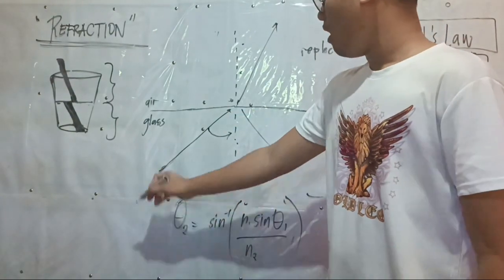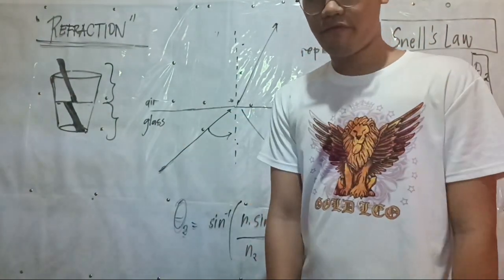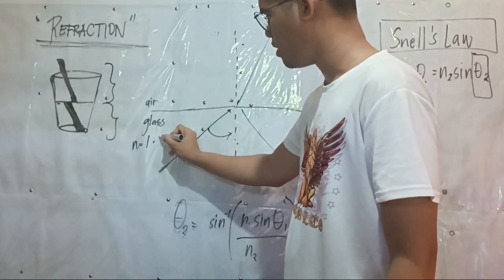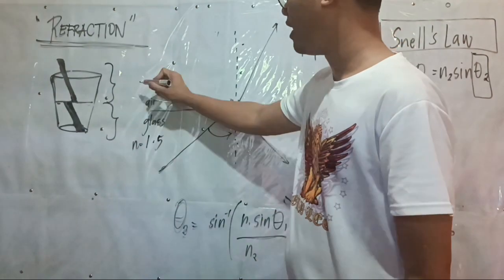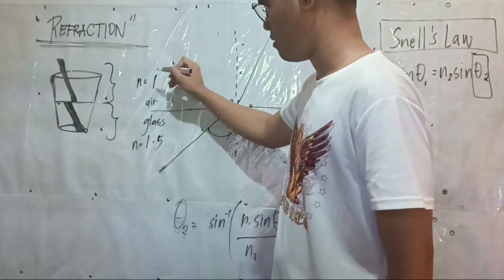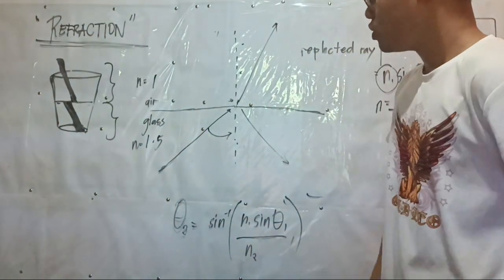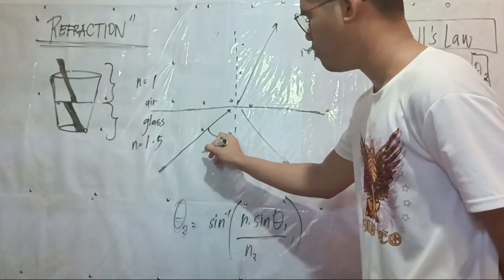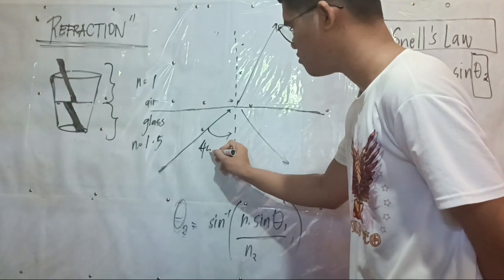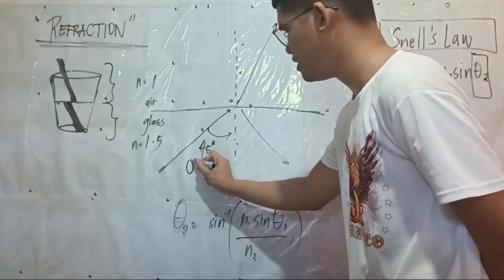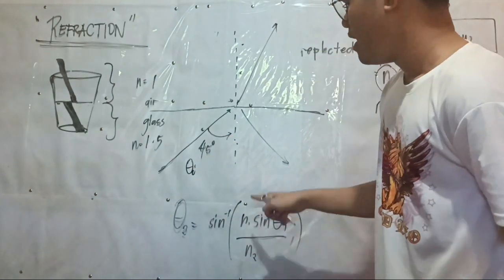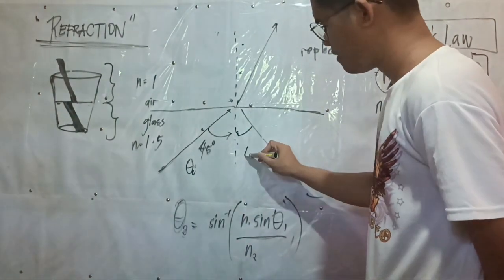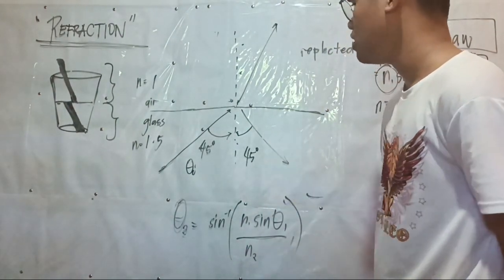Before I forget, the index of refraction for glass is exactly 1.5. For air, we have 1. So, if we have an angle of 45 degrees for our angle of incidence, our reflected angle will also be 45 degrees.